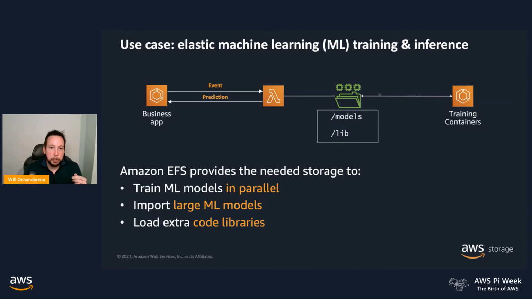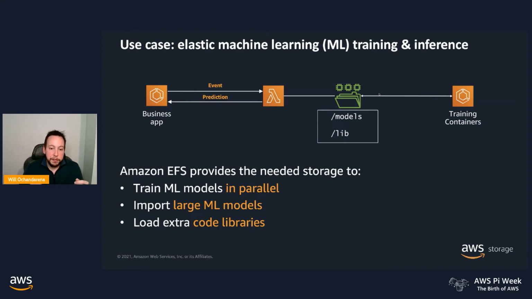And Lambda is a very attractive service to use for those because Lambda scales down to 0. So if nobody's calling your inference API, you're not paying for anything. And then if all of a sudden a lot of users call that API, you want to scale out quickly. Now, a lot of these ML model files don't fit in the Lambda temp space because they're larger than 512 megabytes. Or sometimes the models almost fit, but then you have libraries like MXNet or TensorFlow that you need to import into your function as well.